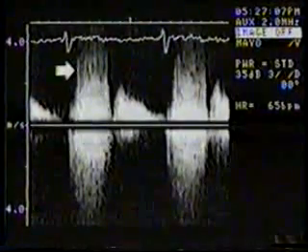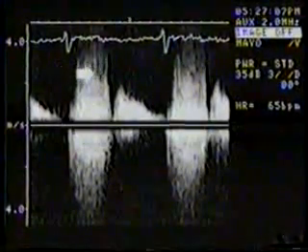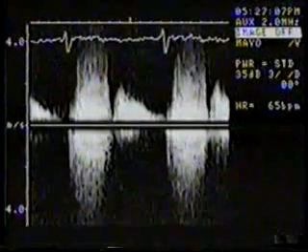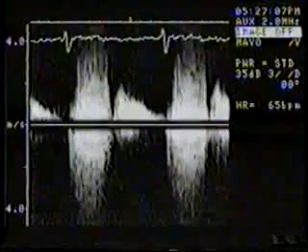This is the CW Doppler exam, which also shows unusual vibrations within the systolic envelope. Listen again to the angry bee murmur that is typical for a torn cusp.